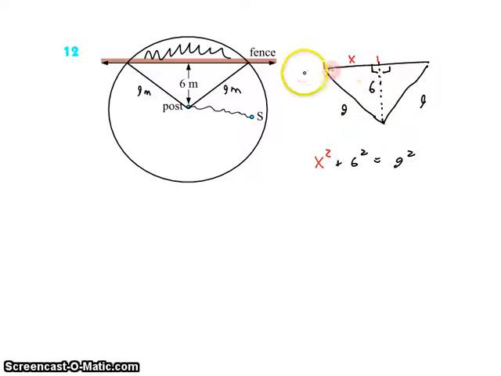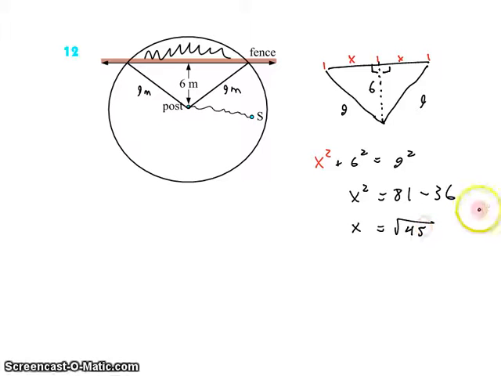Hypotenuse squared is side squared plus side squared. From this I can get the length x, which is also this length x, by the way. Solving this for x squared, I get x squared is 9 squared, 81. Take away 6 squared, 36. That means x is the square root of 45.